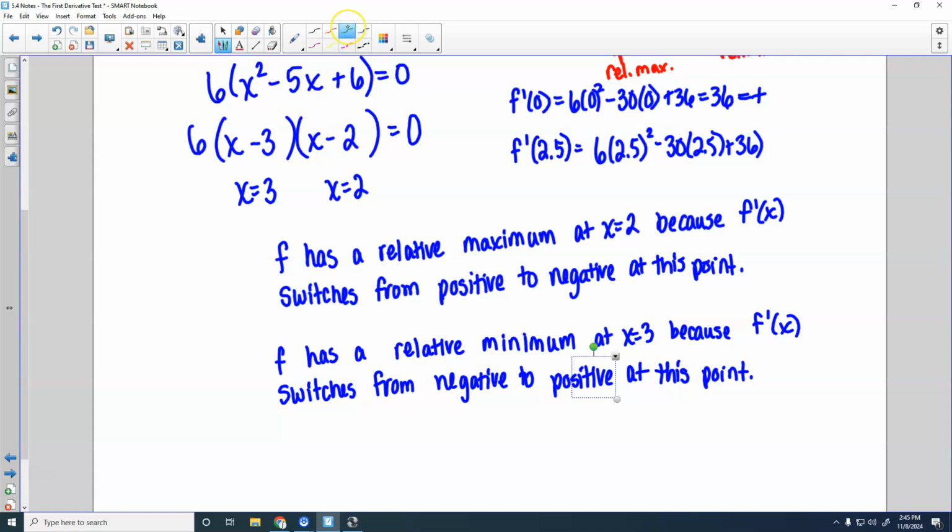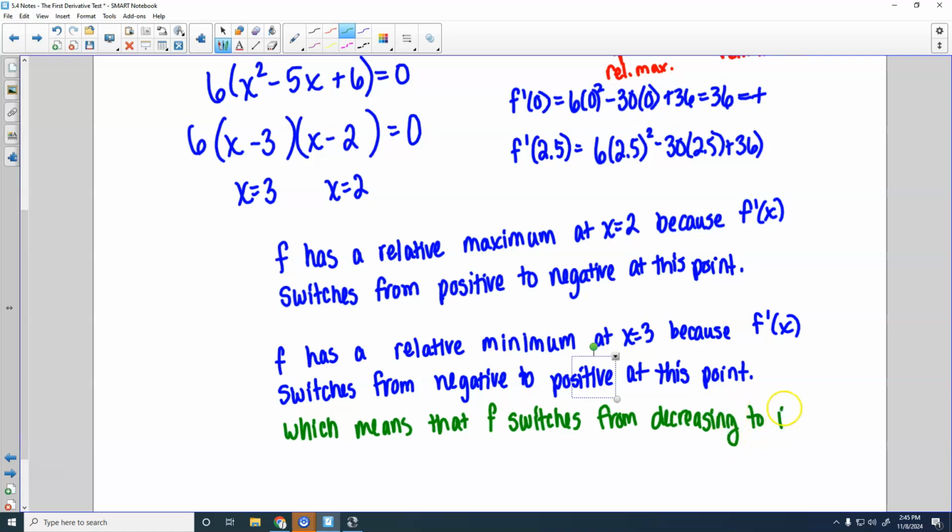You could, if you want, say something like, which means that f switches from decreasing to increasing at this point. You could add something like that. That would give further explanation of why you understand what's happening, but you do not have to.